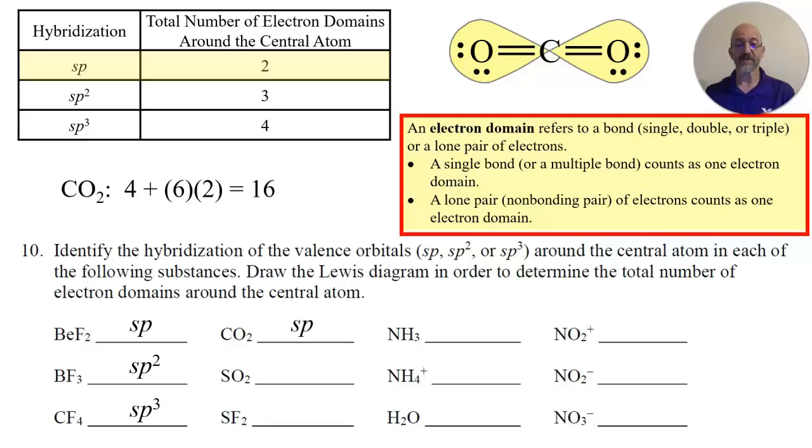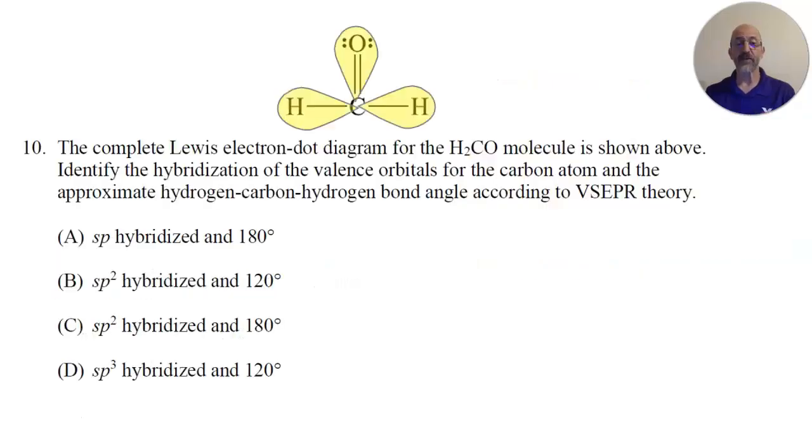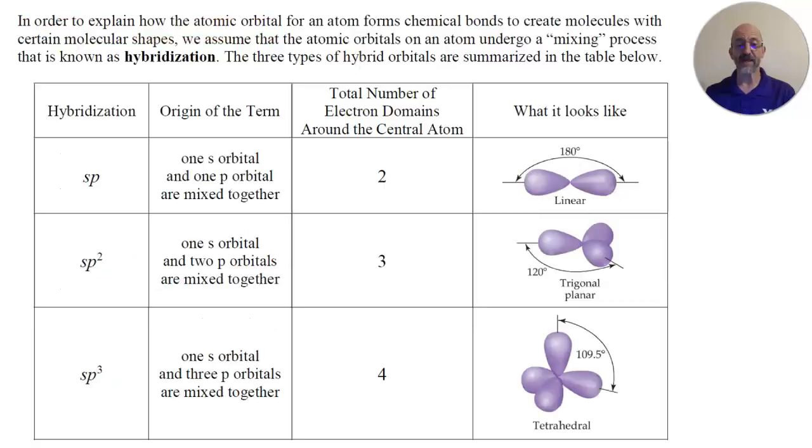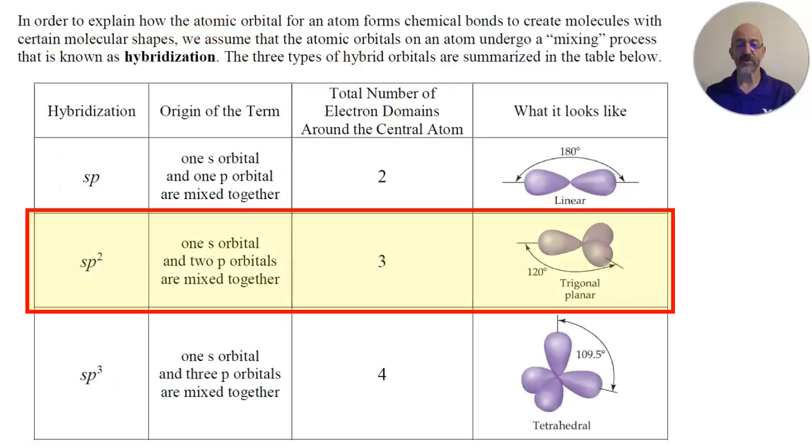So carbon dioxide is sp with 2 electron domains. I see 3 electron domains for the H2CO molecule in question 10. So therefore, with 3 electron domains, that would be sp2. sp2, 3 electron domains, and a bond angle of 120 degrees.